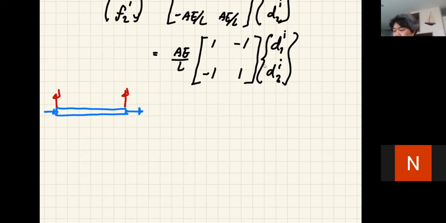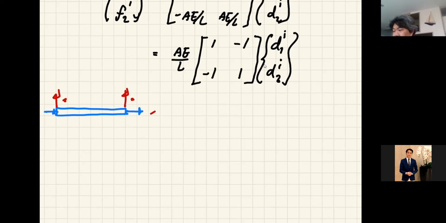But you should know that the red degrees of freedom that I write down here are not directions in which a force will produce displacement, because the displacement in the truss should only be in the direction parallel to the axis of the truss, right?